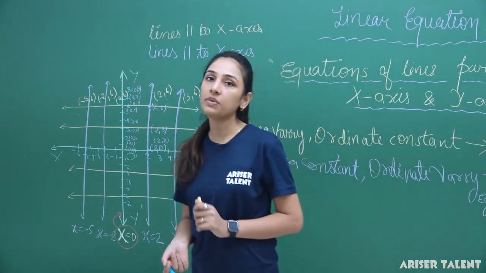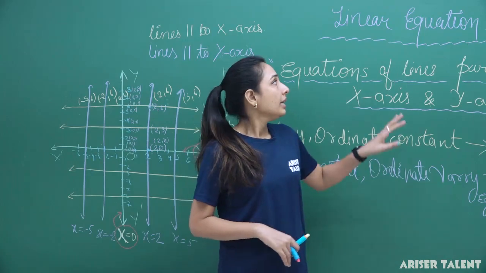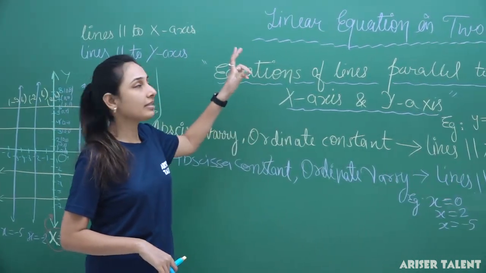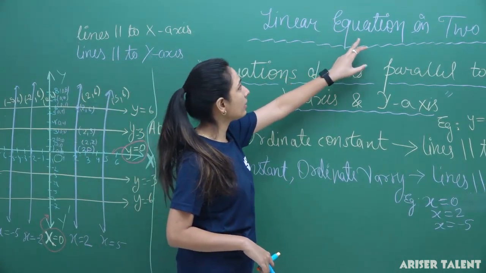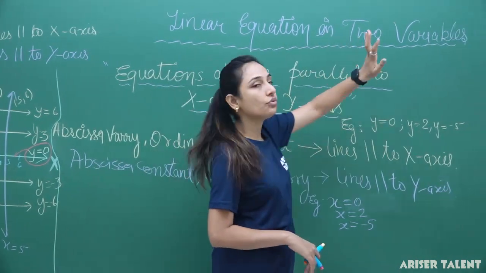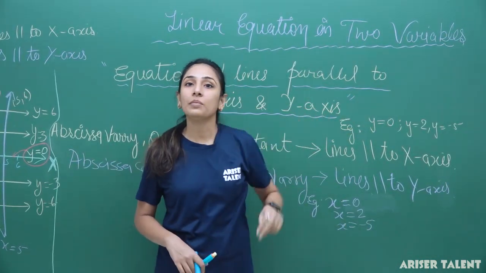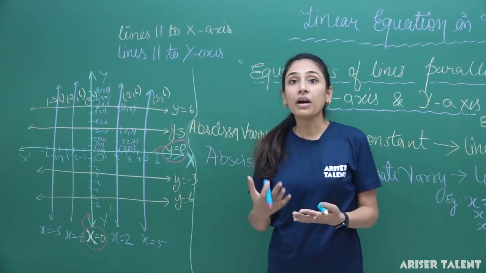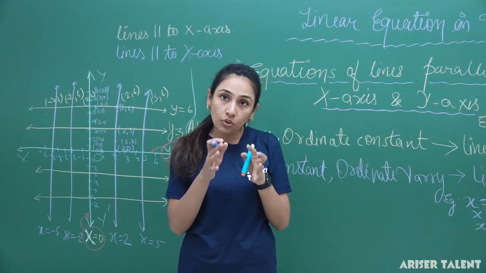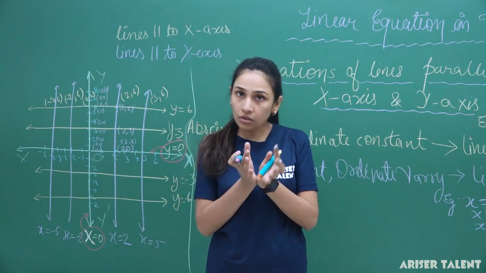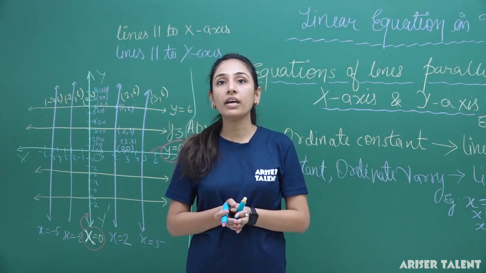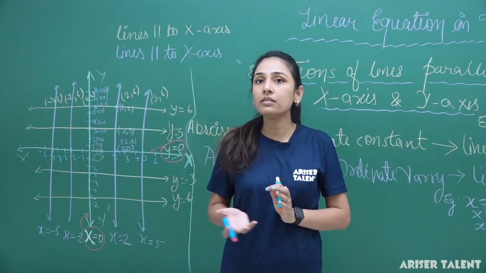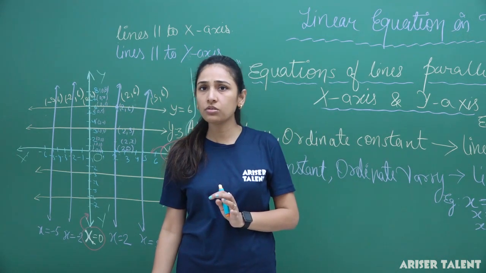Now you can ask me a question: ma'am, the chapter's name clearly mentions that we are reading linear equations in two variables. Now you are telling us x equals this, y equals this. Where are x and y together in the same equation? We are not having two variables in the same equation, so why is it a linear equation in two variables?